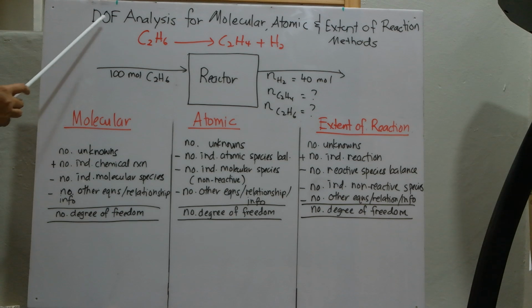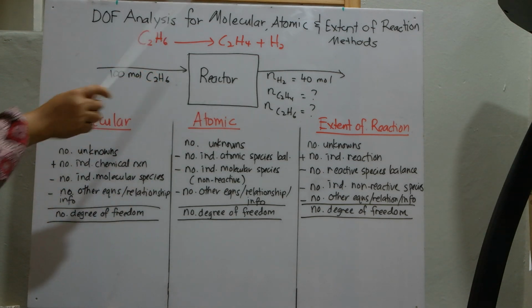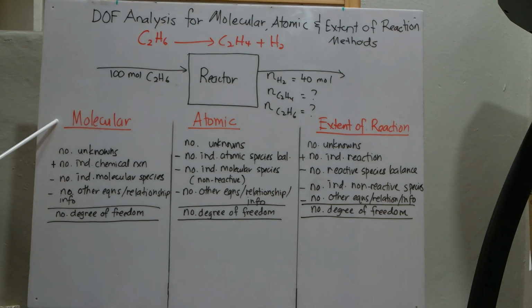In order to do degree of freedom analysis for this question, under molecular, it requires number of unknowns, which you must know by labelling the unknowns from your process, plus number of independent chemical reactions. Since we have only one chemical reaction, it becomes 1 here.